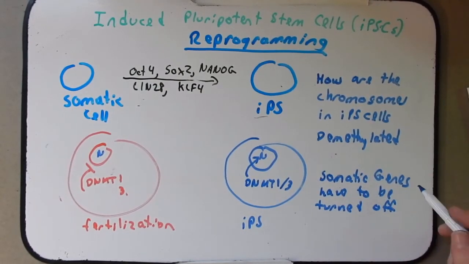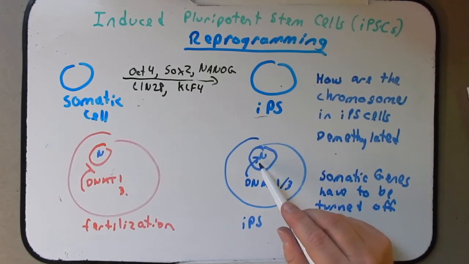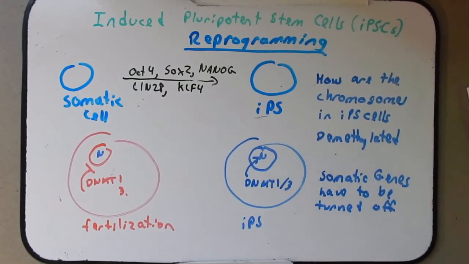One way they can accomplish this is by having DNA methyltransferases enter the nucleus. And we know in iPS cells, DNMT1 and 3 are in the nucleus. So how does it manage to demethylate everything else? The answer is we don't know.